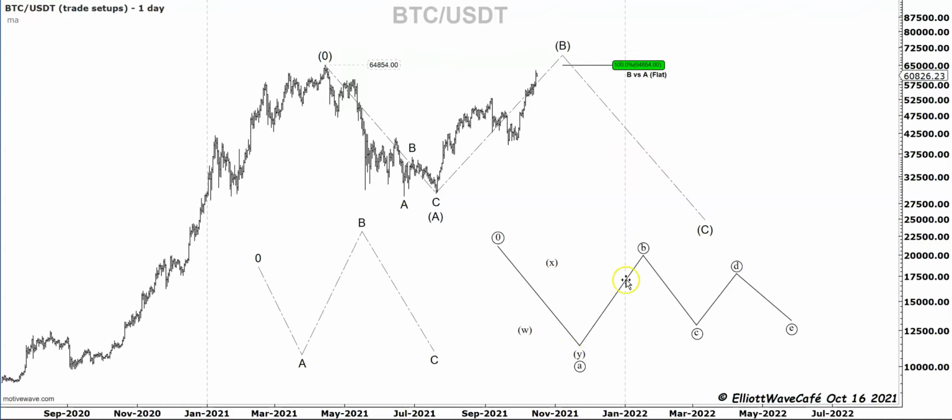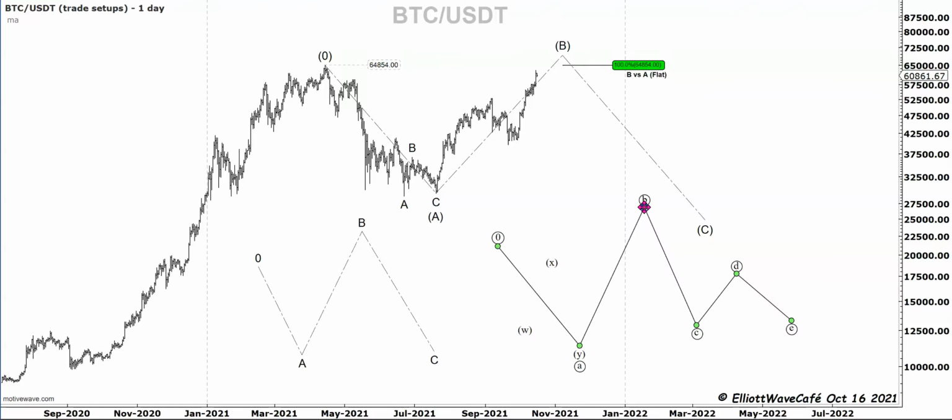So this is the only way this can be a B wave of a triangle, right? Because triangles are 3, 3, 3, 3, and 3. Okay, they can be complex moves, so you can get an ABC out of here and still hit a B wave. Now, the argument against it is that you moved past that 61%. Now, it can still be a B wave if this B wave becomes a running triangle.